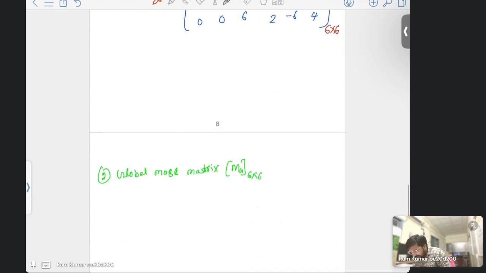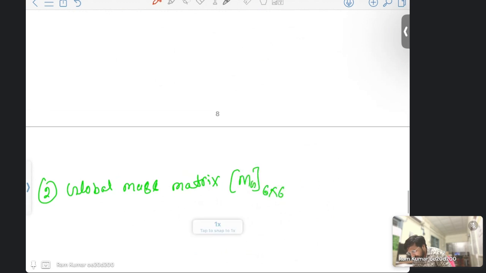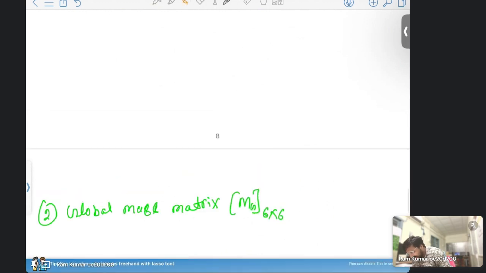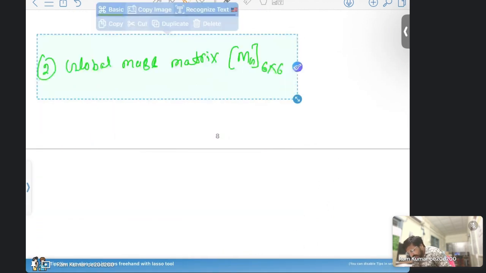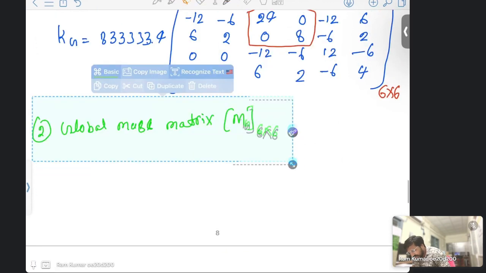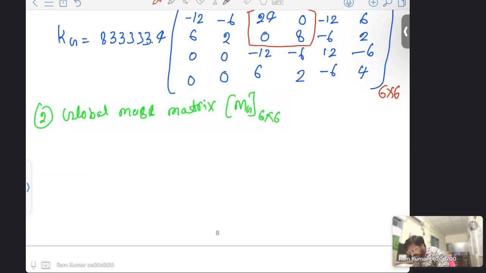And similarly, what will be the mass matrix? I will write here. So M1 will be 0.09345238.